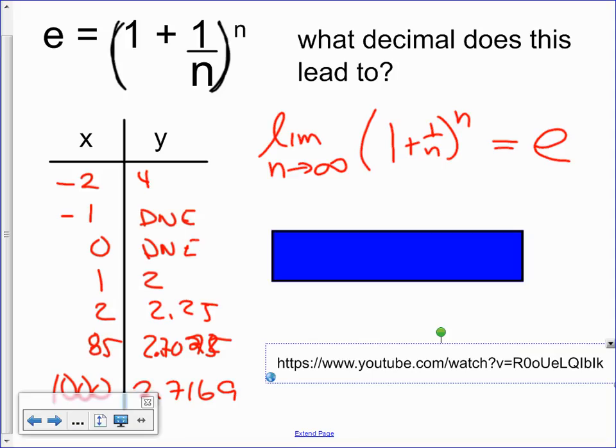So only putting in small numbers is not going to give you e, but as n gets bigger and bigger, it gets closer to what e actually is.